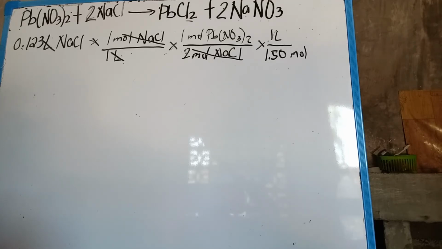In our question earlier, we have a solution of sodium chloride with a 1.50 M, or molarity, solution of lead nitrate. Which means that the lead nitrate has 1.50 molarity. As we all know, molarity is equal to mole over volume. So, in order for us to cancel out the mole, the mole goes at the bottom and the liter on top.